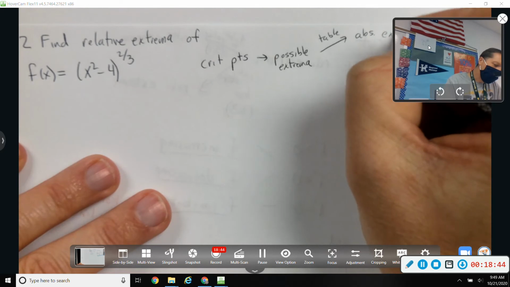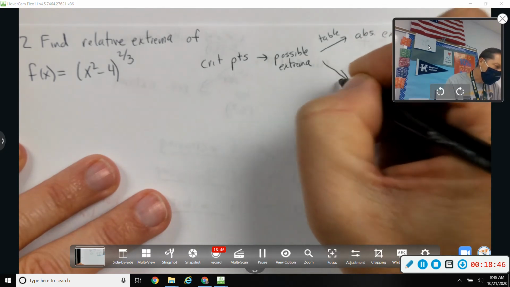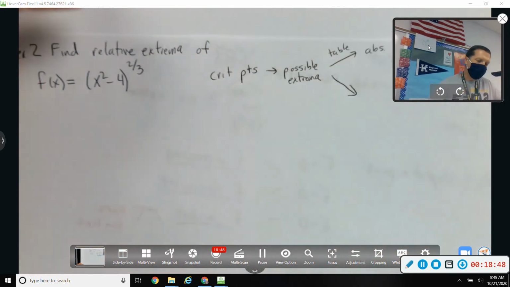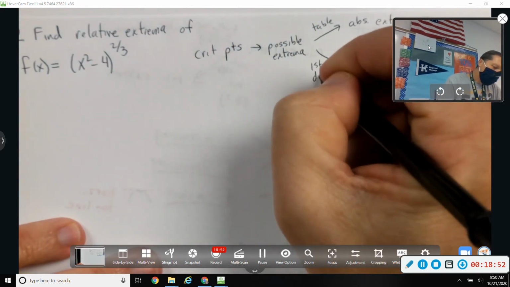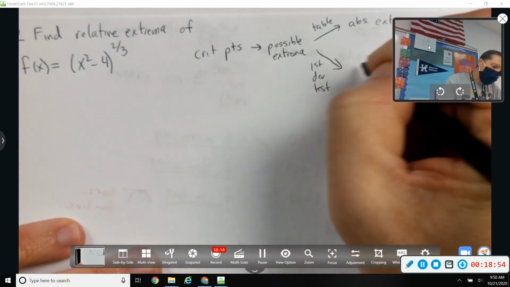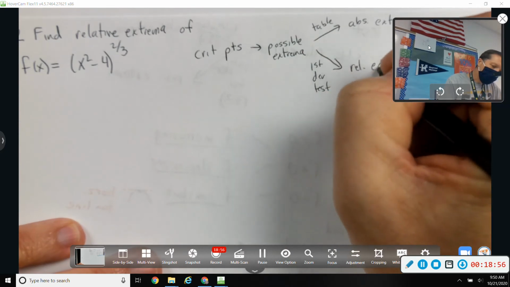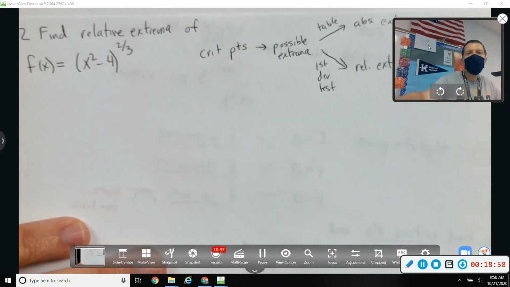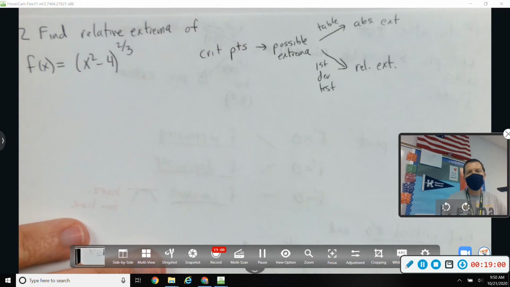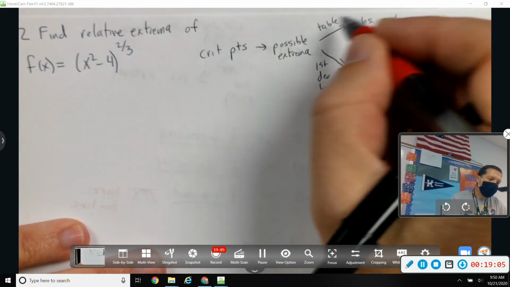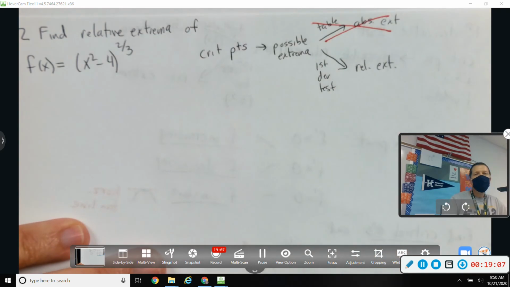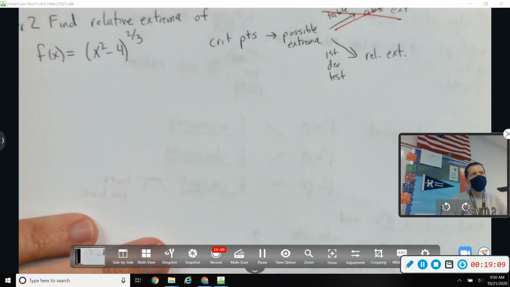That's not really what we want. Our first derivative test, thinking about intervals, will tell us relative extrema. So they're sort of the roadmap for this problem. For this problem, we don't care about absolute extrema, so we're not going to do a table. We'll worry about doing the first derivative test.